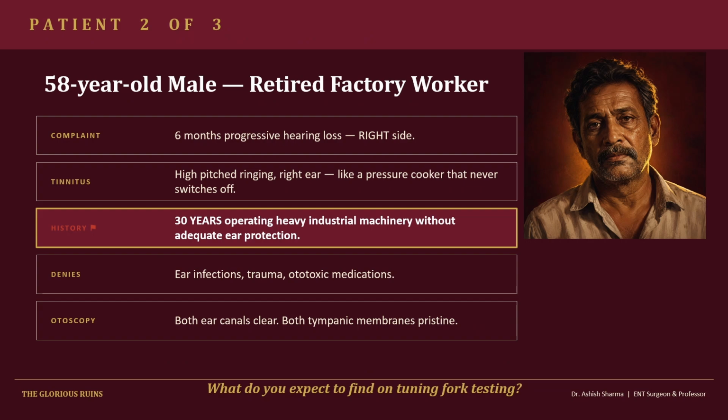Now let's move to patient number 2. Now here walks in a 58-year-old retired factory worker, 30 years operating heavy industrial machinery.